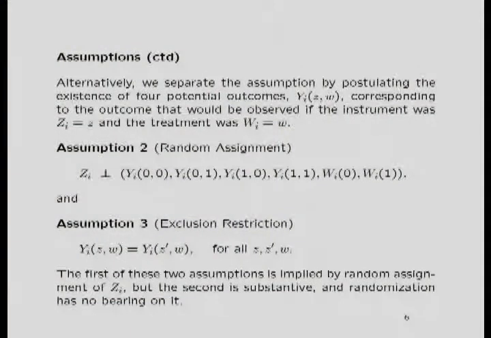So instead of starting with these two potential outcomes Y1, Y0, let's think of there being four outcomes, Y_i indexed both by the instrument and the treatment. So Y_i of Z is 0, W is 0 corresponds to the outcome that you would see if this individual was not draft eligible and didn't serve. And the other three combinations similarly.